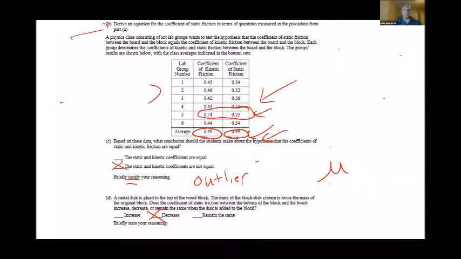And so they took that answer. That's not the best answer. The best answer is remain the same because the coefficient of friction doesn't have anything to do with mass. That's the best way to answer this question. But they did take decrease if you explain, and only if you explain, that when the surfaces rub together, there could be some smoothing going on. All right, any questions on this one?